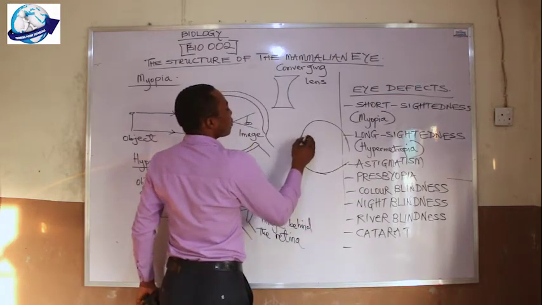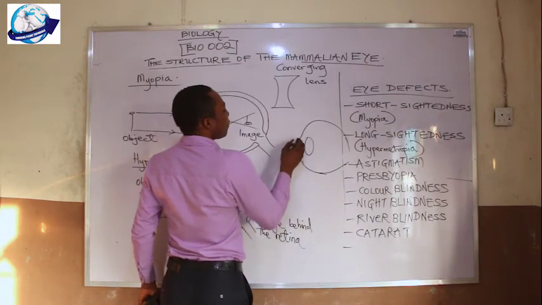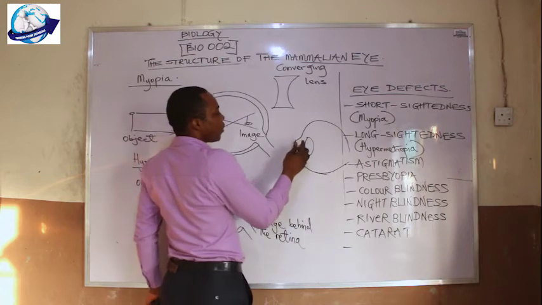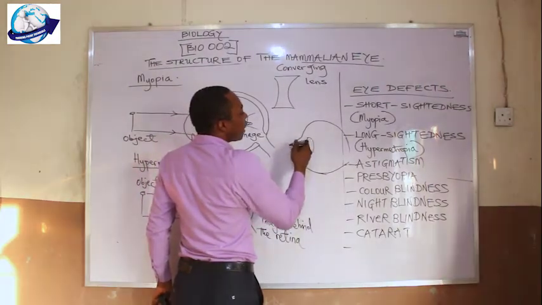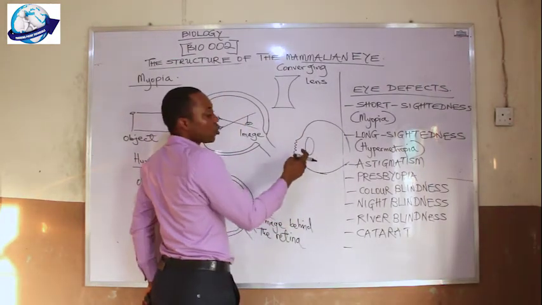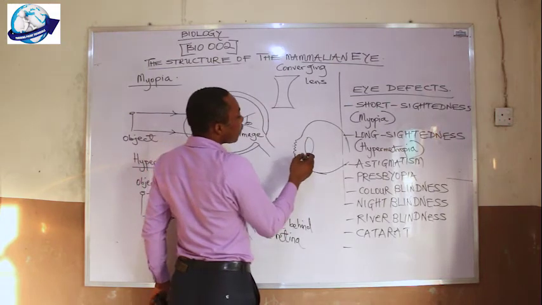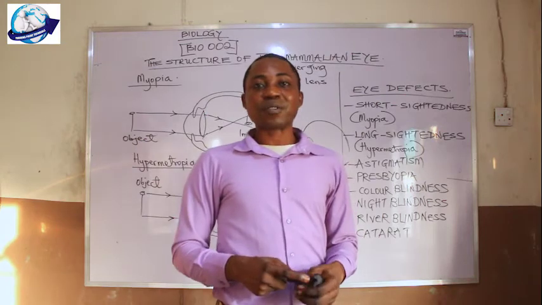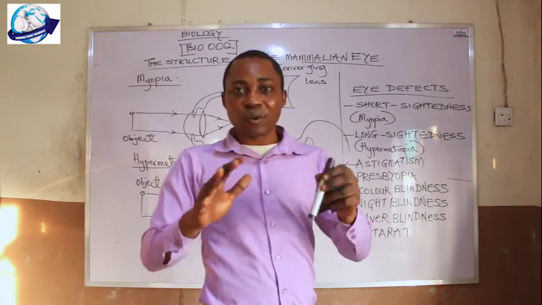Here is the lens, and the cornea appears to be very rough, so there will be an uneven curvature on the surface of the cornea. Or it could be that the lens itself is very rough, not having an even curvature.